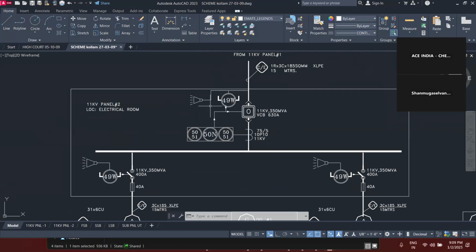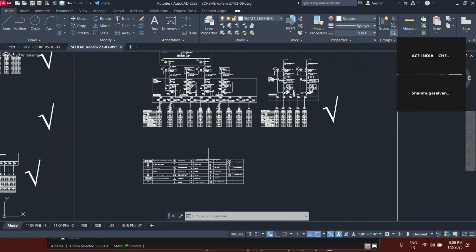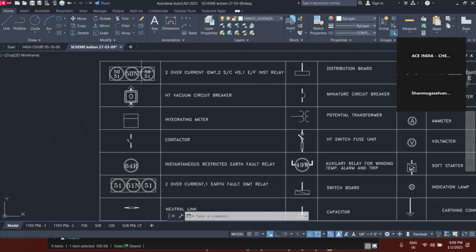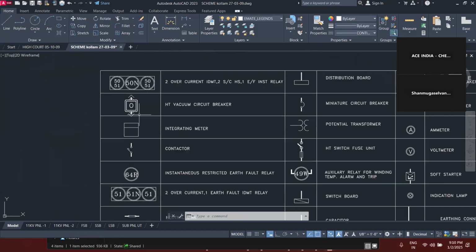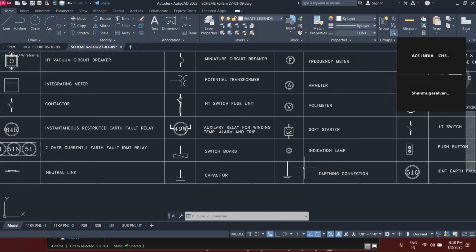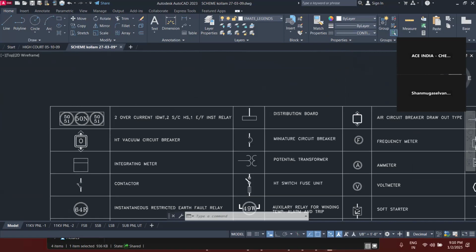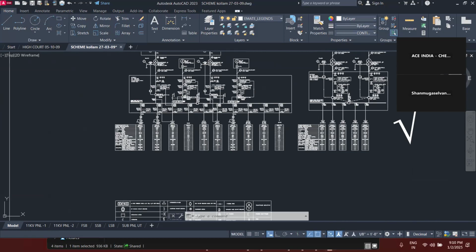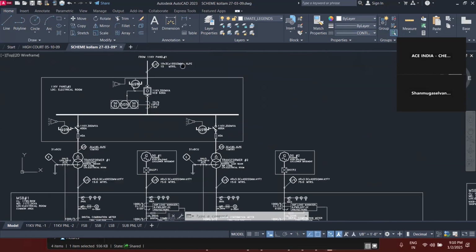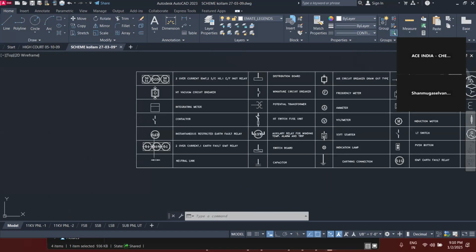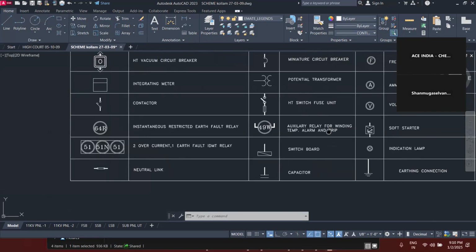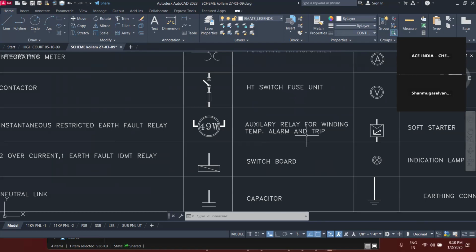And these are actually the relay symbols and numbers given here. I will search for that. I don't have that. Here, all the abbreviations, everything is given here. Okay, so again, check it here. What do the abbreviations mean? Okay, so 14N, right? 14NW means that's a trip alarm.